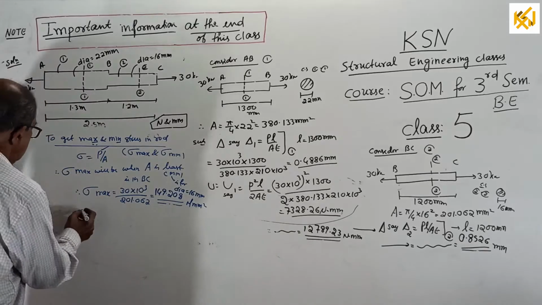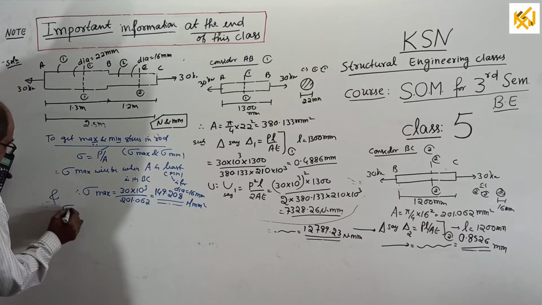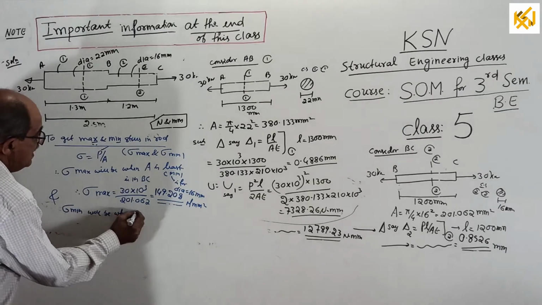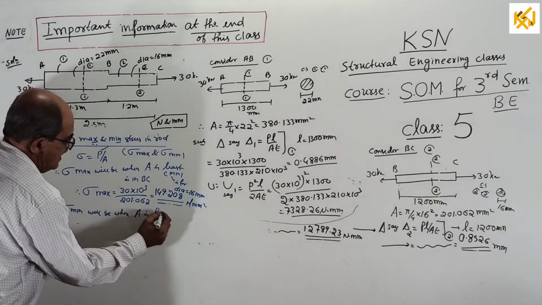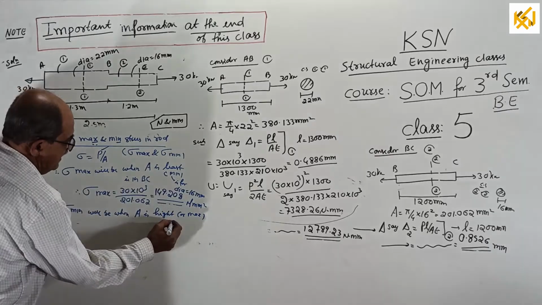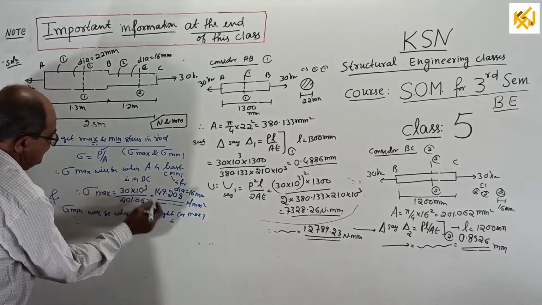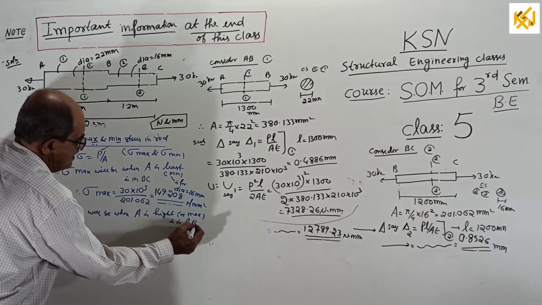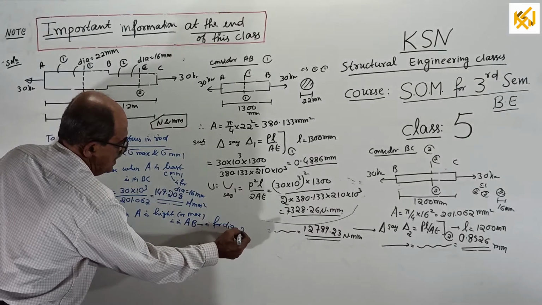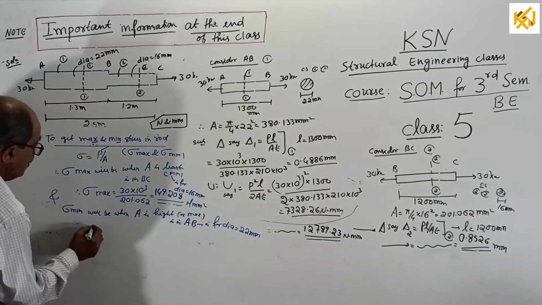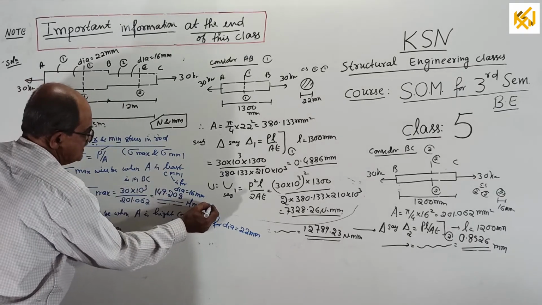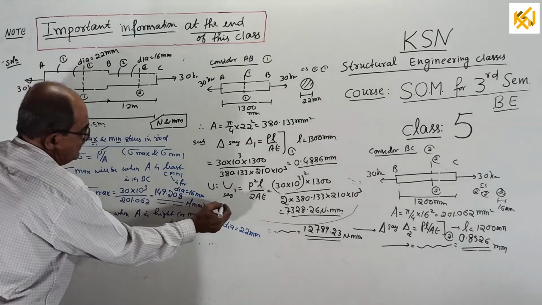And then lastly, sigma minimum will be when A is not least, A is highest or maximum. That is in AB portion, or you can tell that is for diameter equal to 22 mm. You can write one more thing, the previous answer is for that portion where diameter is 16 mm.